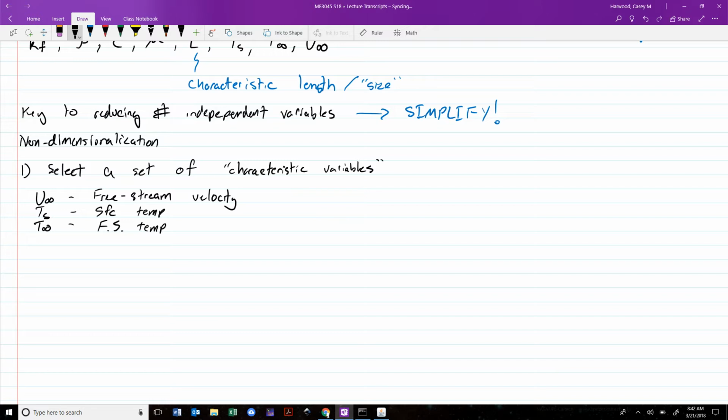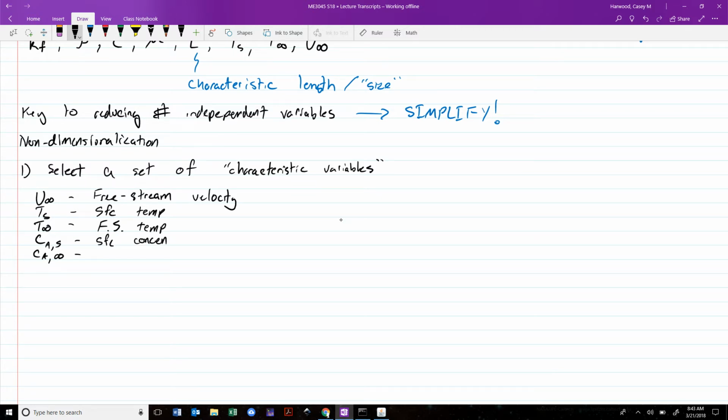If we're talking about the species equation, which we haven't spent a whole lot of time with, but we'll make sure to do at least one example before we're done with convection, then we'd be talking about the concentration at the surface and the concentration in the free stream.